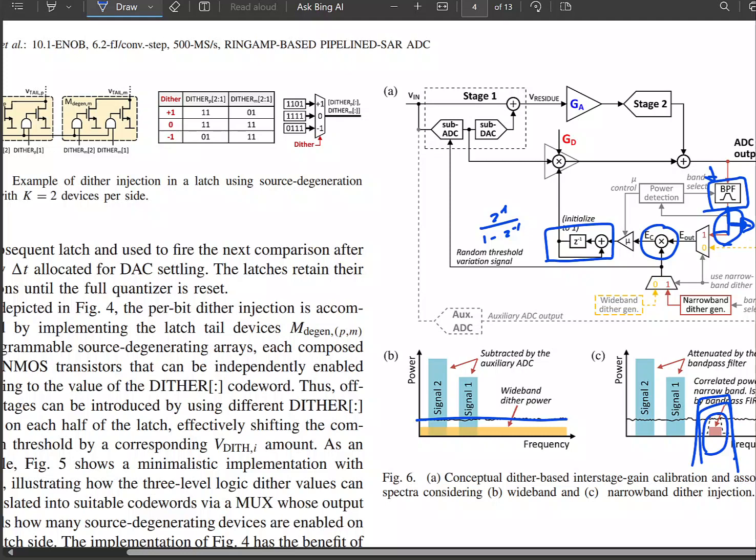Here also you could have filtered this, but then at the output you'll have only a small portion of the dither. You would have lost the information about the dither. You need to make sure you don't lose the information of the dither sequence. So when I add it, it won't be wide band, but just a narrow small band. Here also I could have done the bandpass filtering, but I would have lost information of the dither in all these frequencies.